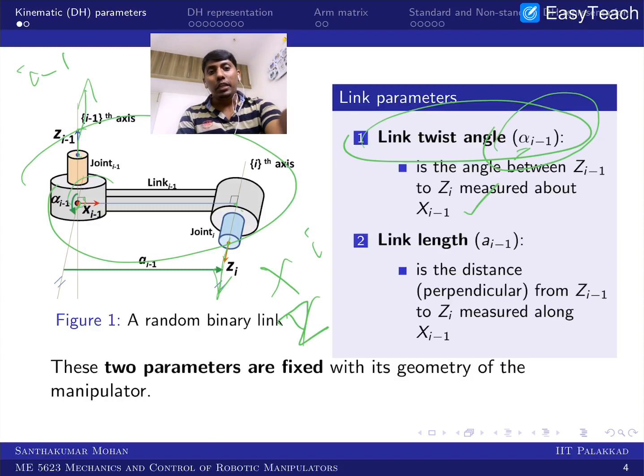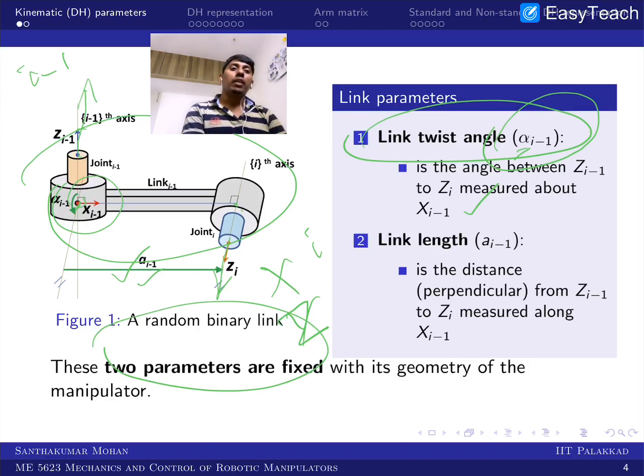That's why we put xi minus 1 along the positive direction of the translation. So this is a, but since we are translating along the i minus 1 axis, it is a i minus 1. And since we are talking about the variable as the joint, in that case these two parameters are fixed. So this is one case.